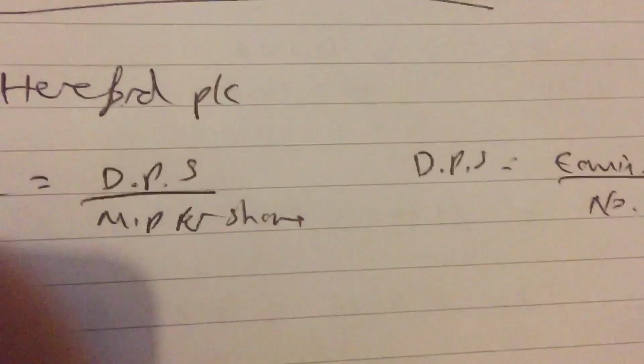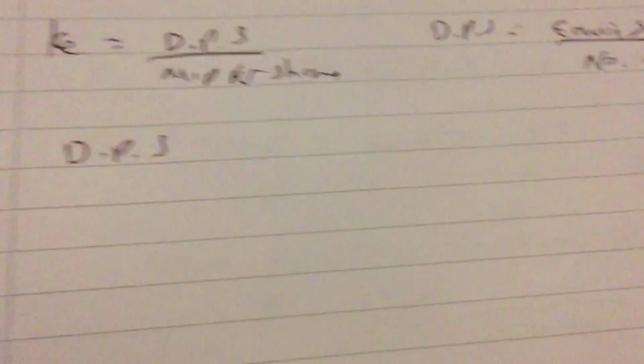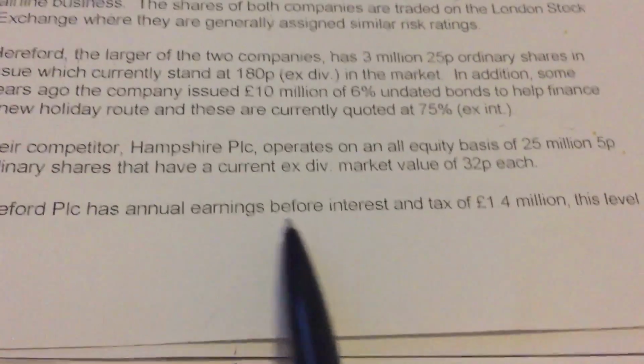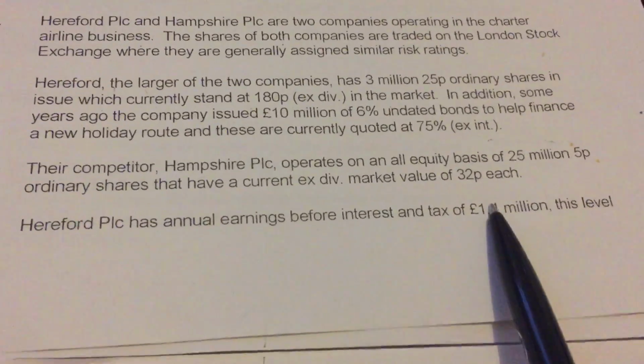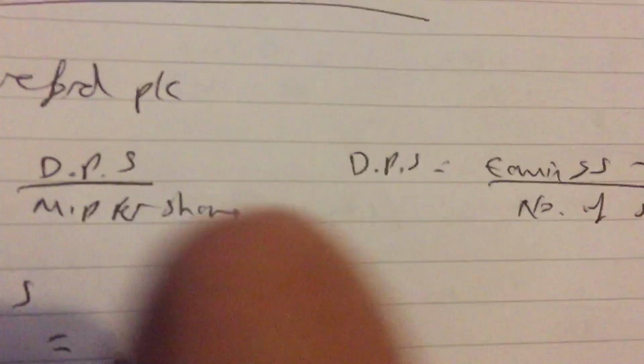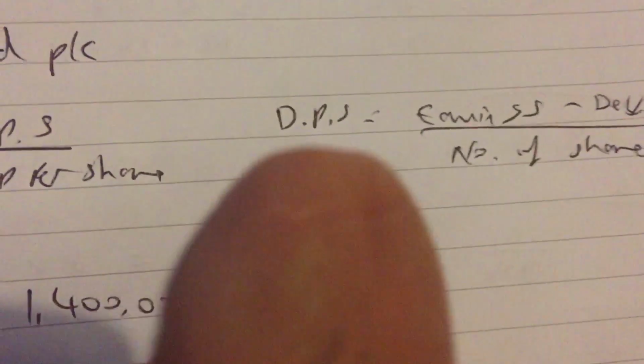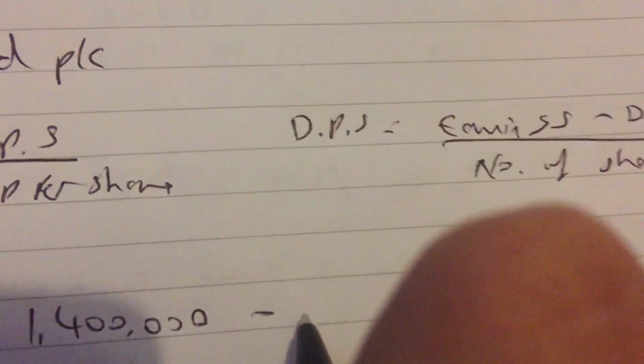Hereford PLC has annual earnings before interest and tax of 1.4 million. So dividends per share equals 1,400,000 minus any debts.